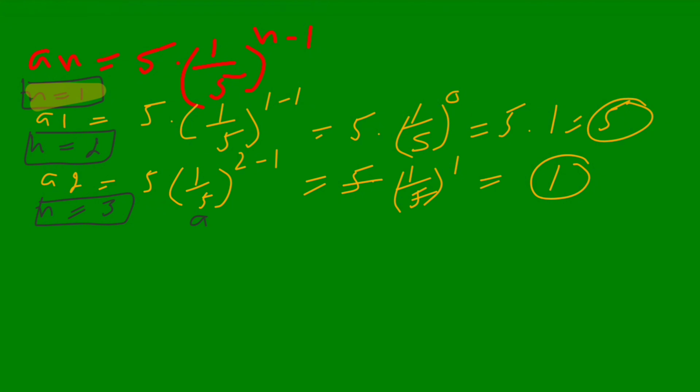A3 is equal to 5 into 1 over 5 whole power 3 minus 1, is equal to 5 multiply 1 over 5, 3 minus 1 is 2, it means 1 over 5 square.